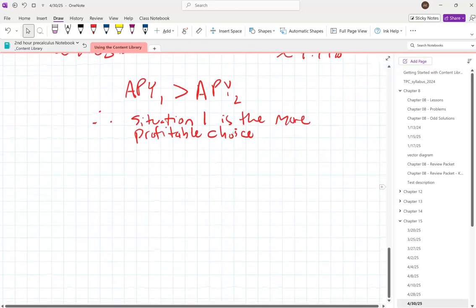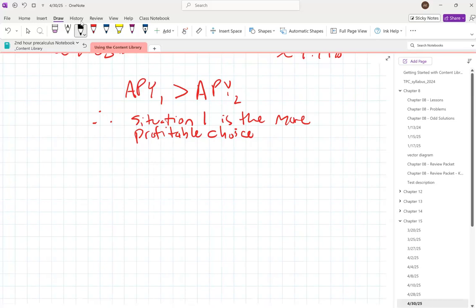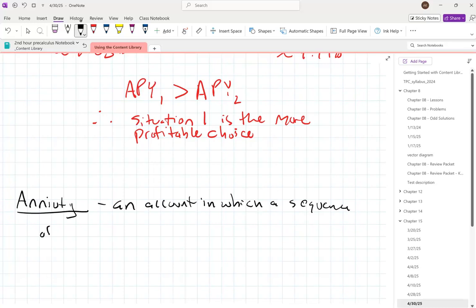The last finance topic that we're going to talk about is an annuity. An annuity is a type of account in which a sequence of payments are made.